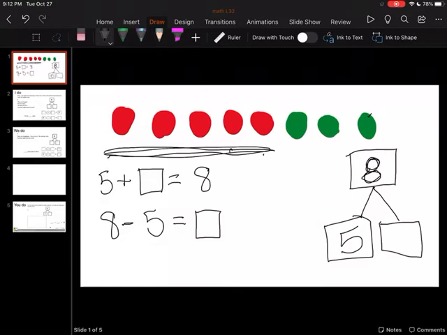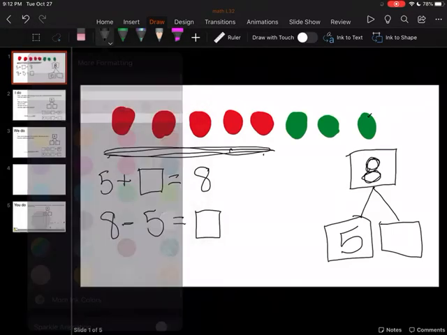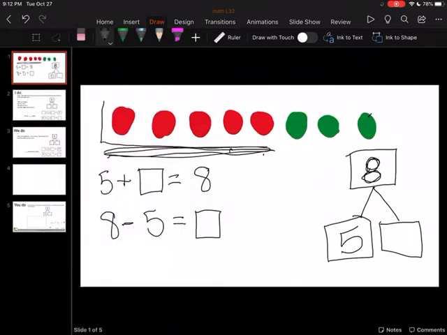Nice work. Let's use our picture to help us check our answer. We know that we have 5 apples right here. That's our 5. And there's a total of 8 apples altogether. So let's use hops and see how many hops it takes for us to get to the 8 apples. 5, 6, 7, 8.